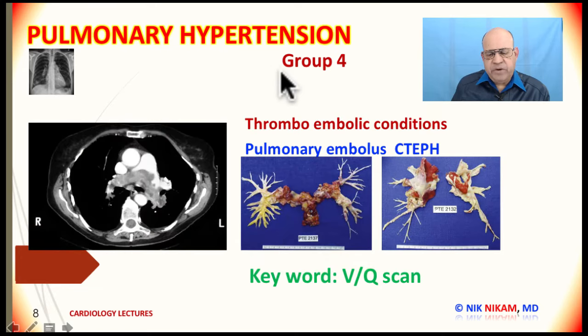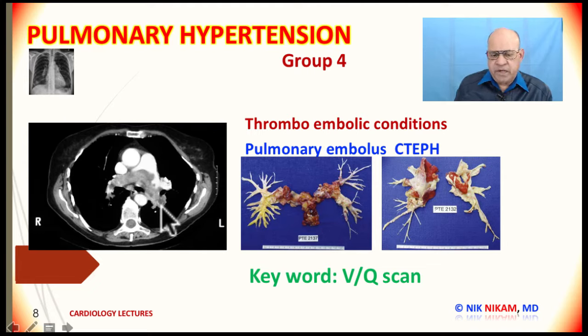Now let's talk about group 4 pulmonary hypertension. Group 4 is related to chronic thromboembolic pulmonary hypertension, and as you can see, here is a CAT scan showing a very large pulmonary embolus.